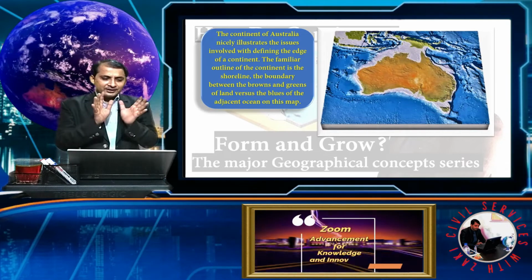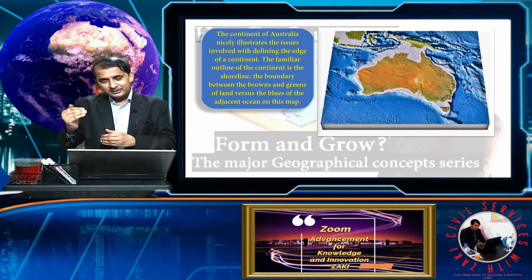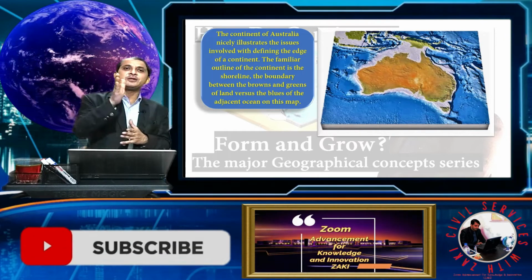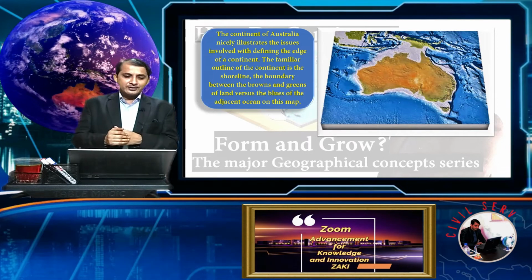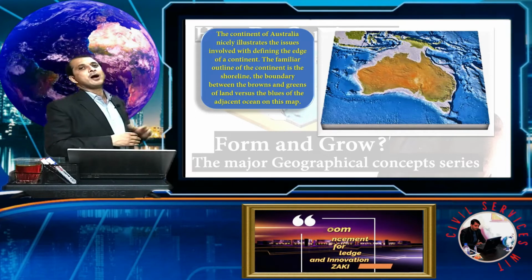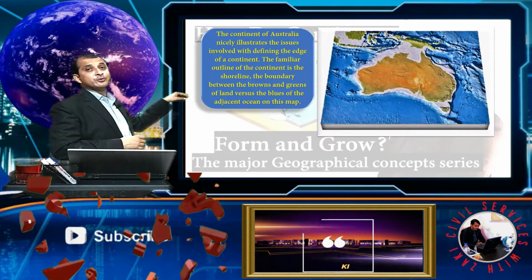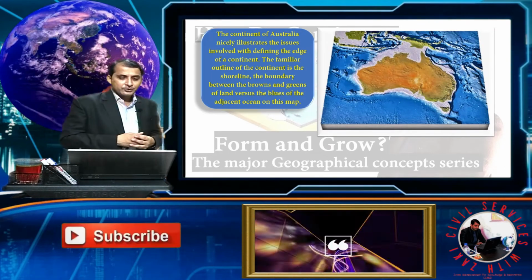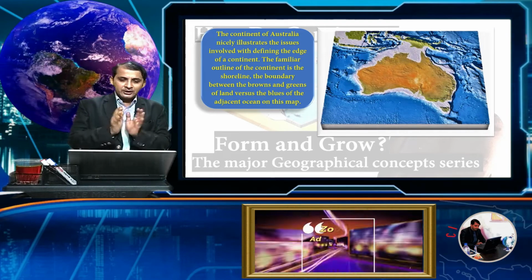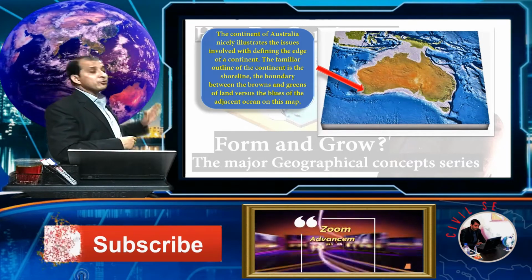The familiar outline of the continent is the shoreline, where the sea meets the landmass. The shoreline is the boundary between the brown and green. Brown and green are the landmass, and blue depicts the ocean. So this is the coastline.